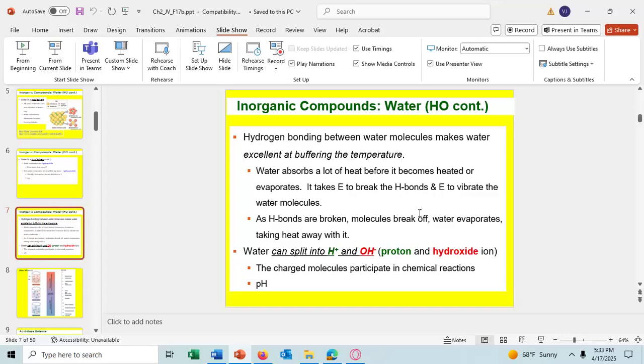And that's why water is excellent in buffering the temperature, because if we give the same amount of energy to the same amount of oil, oil will only take the energy to increase the speed of the oil molecules moving, and that will increase the temperature of the oil. So if you give the same amount of energy to oil and water, the oil will rise further in its temperature than the water.